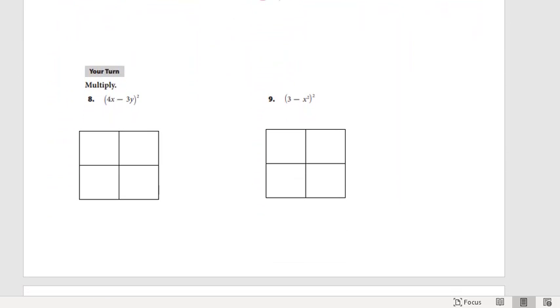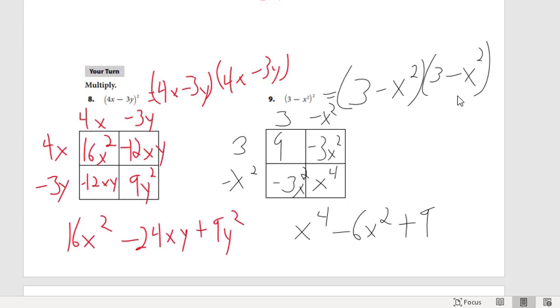All right, a couple of your turns. You can try them, and then I'll go through and show you the answers to the examples in just a minute. Okay, so you can check your answers here. Remember to expand it out. Write it into our boxes. Then multiply our boxes.